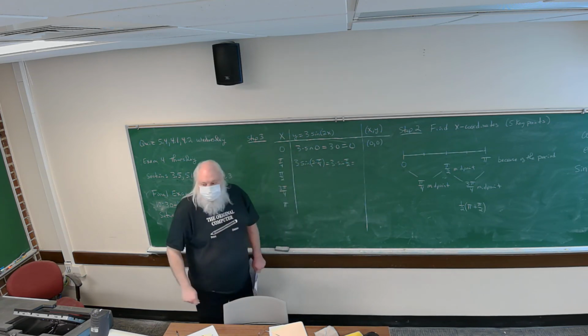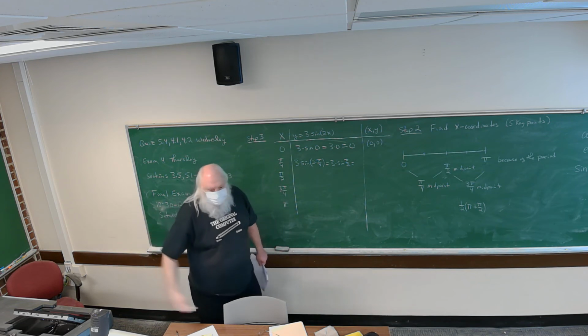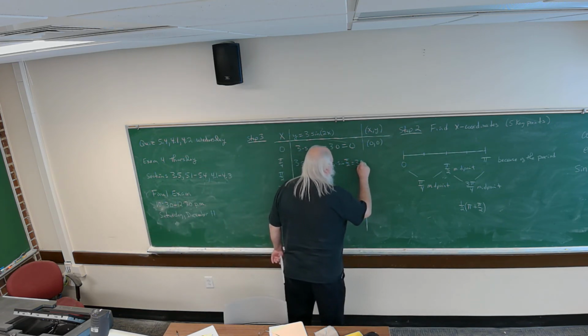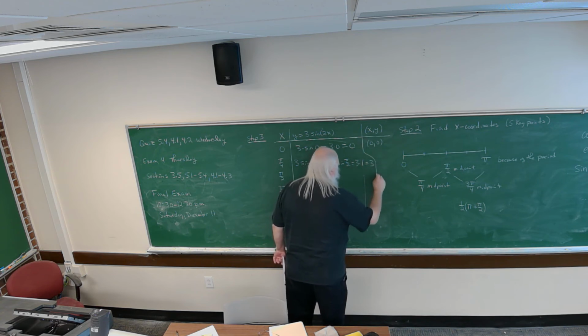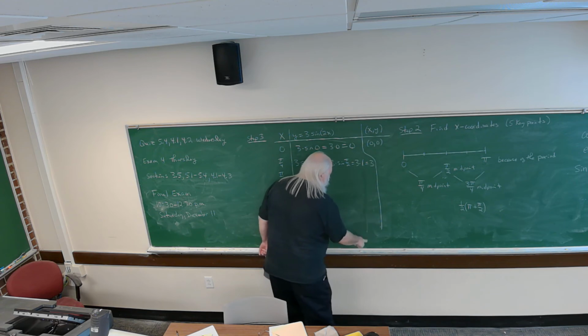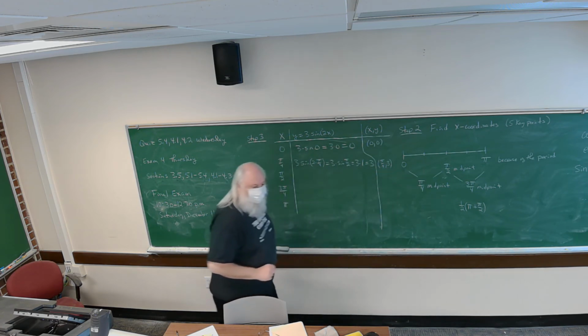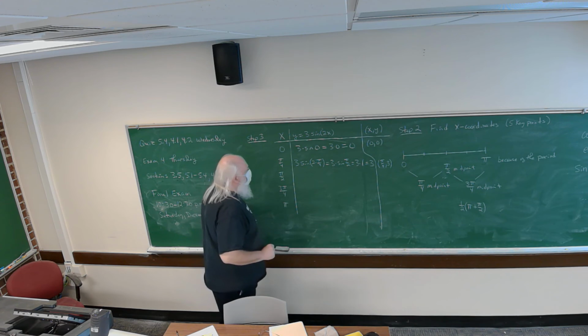And the sine of pi over 2 is 1. So this is equal to 3 times 1, which is equal to 3. And so the second ordered pair is pi over 4, 3.